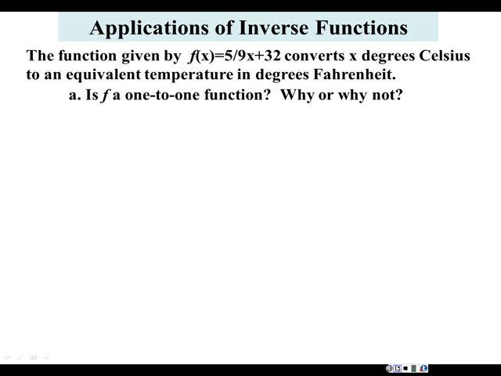So this is your slope, and this is the y-intercept. Now remember, we can also find the equation from the x- and y-intercepts, right? Since this is the y-intercept, what will be the point here? That will be (0, 32), right?